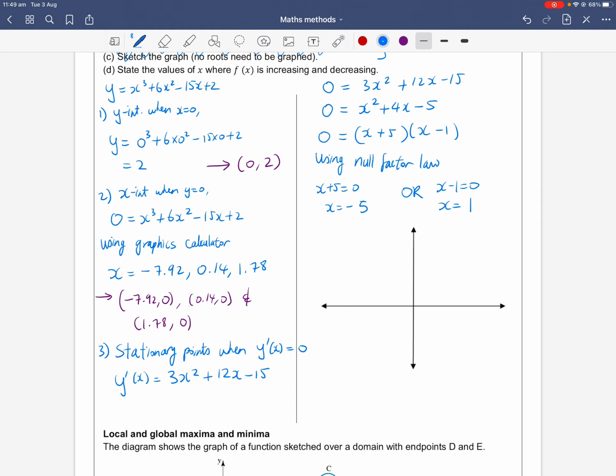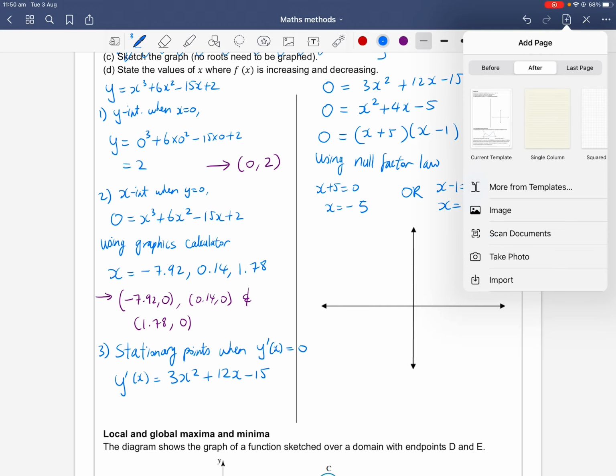If we are to sketch any stationary points, we need to find out the corresponding y values. So let's work out the corresponding y values for these two x values. When x is negative 5, what's the y value? Put it in the original function, not the derivative, the original function, which means it's negative 5 cubed plus 6 times negative 5 squared minus 15 times negative 5 plus 2.